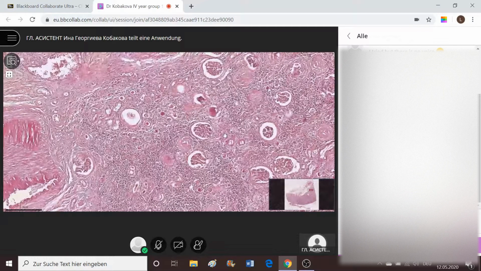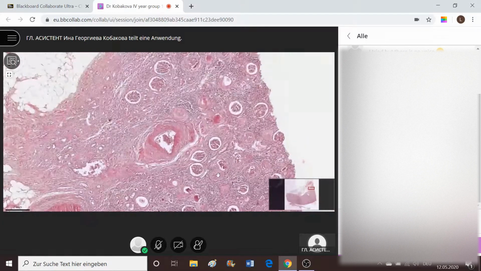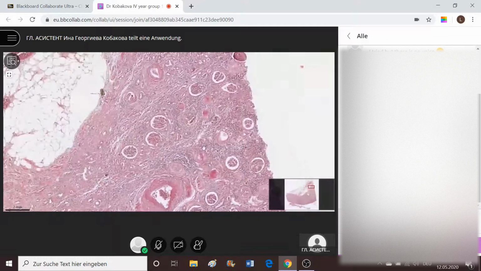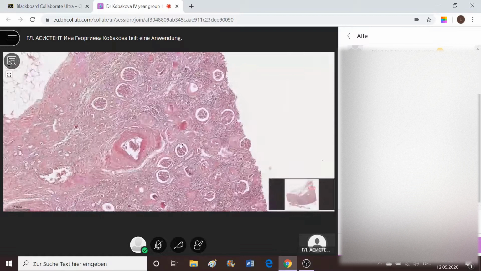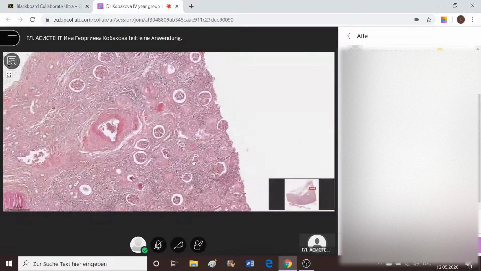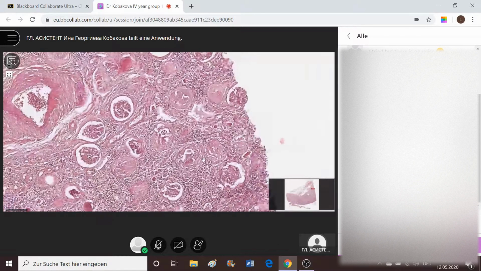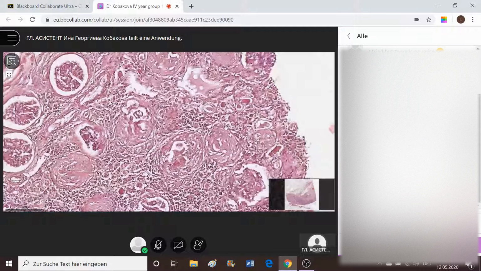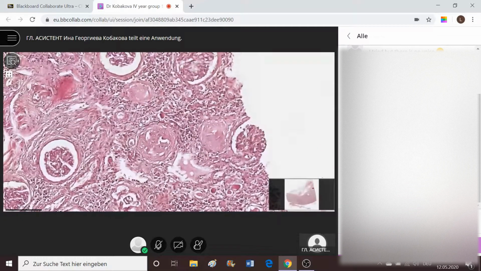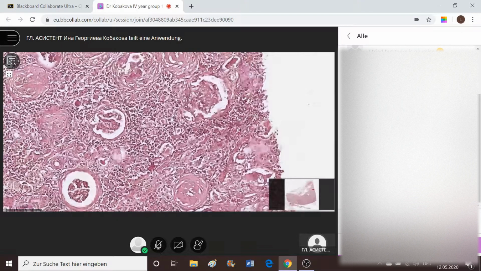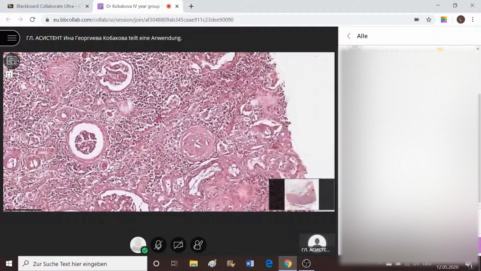In chronic glomerulonephritis, usually we should observe irreversible changes in the glomeruli, and that is what actually happened here. In lots of the glomeruli, we observe damage, hyalinization along with fibrosis of the glomeruli, and they are completely dysfunctional.